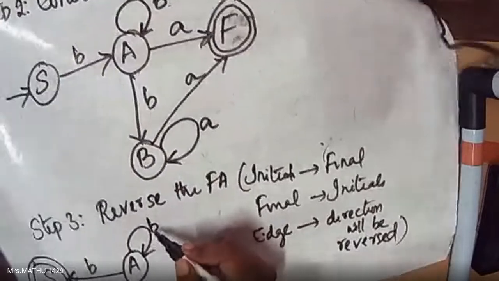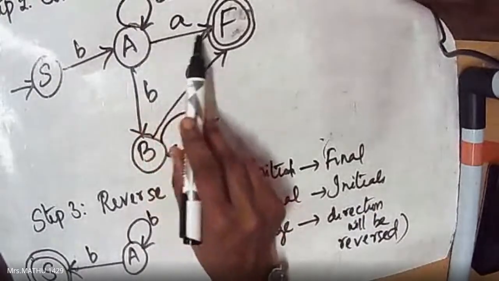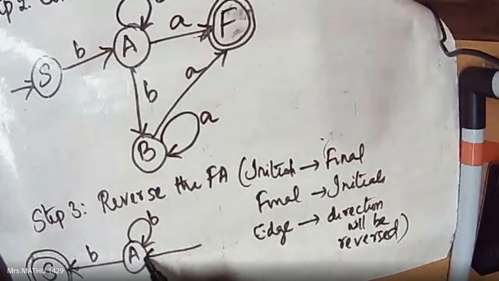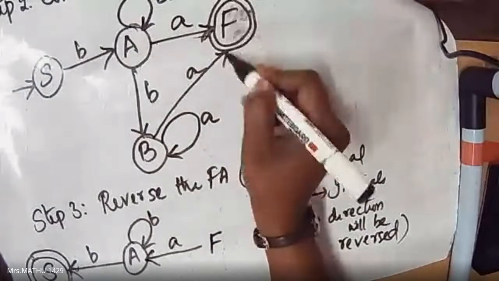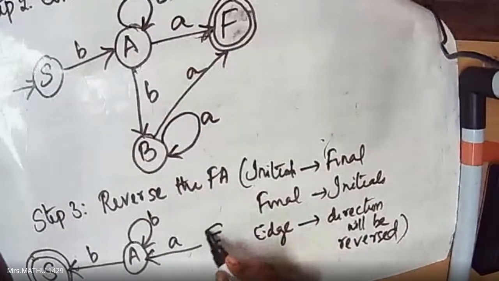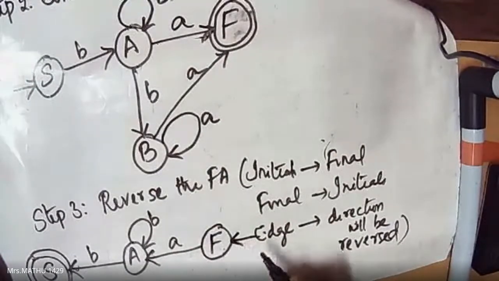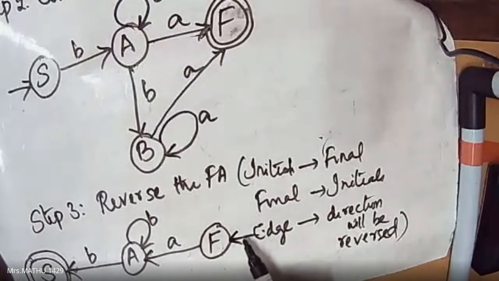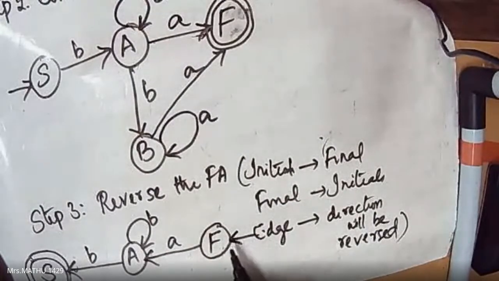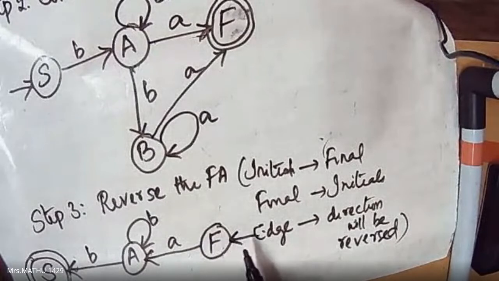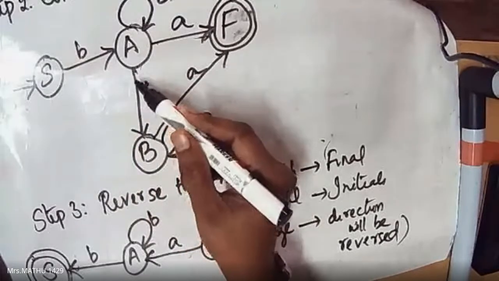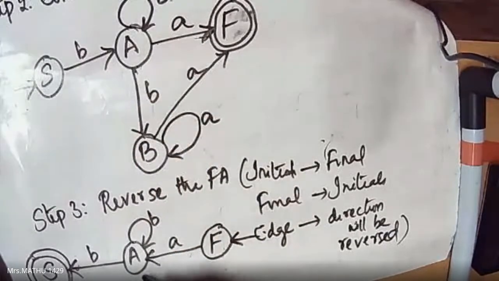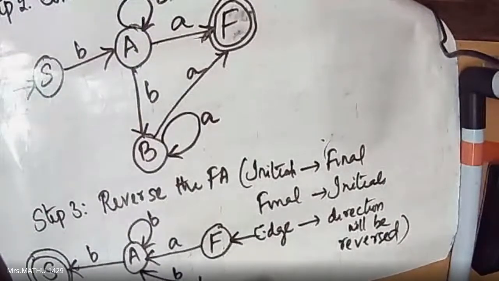There is no change. When you convert this edge, it will be like this, the reverse side, and now this state will be considered the initial state. The initial state is represented using an arrow before it. So this becomes the initial state. And then we have the other edges here from A to B. Now this will be in this direction.